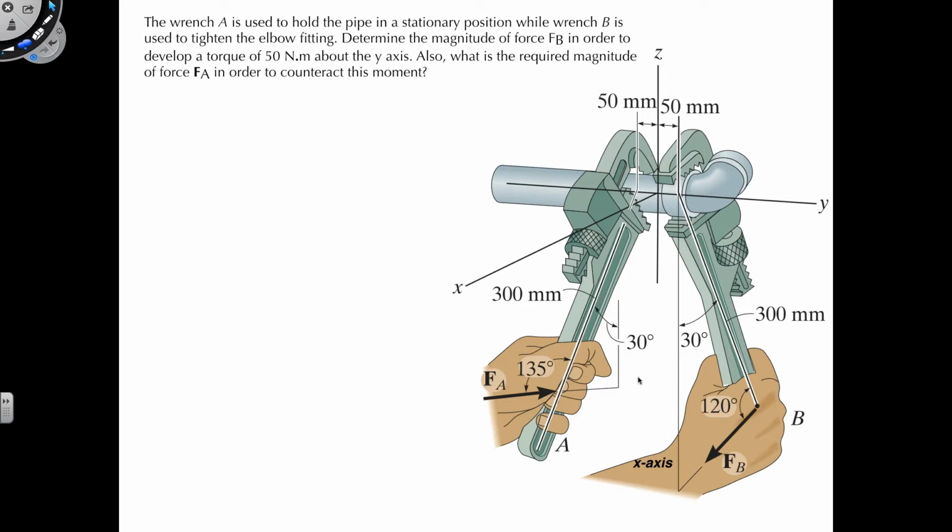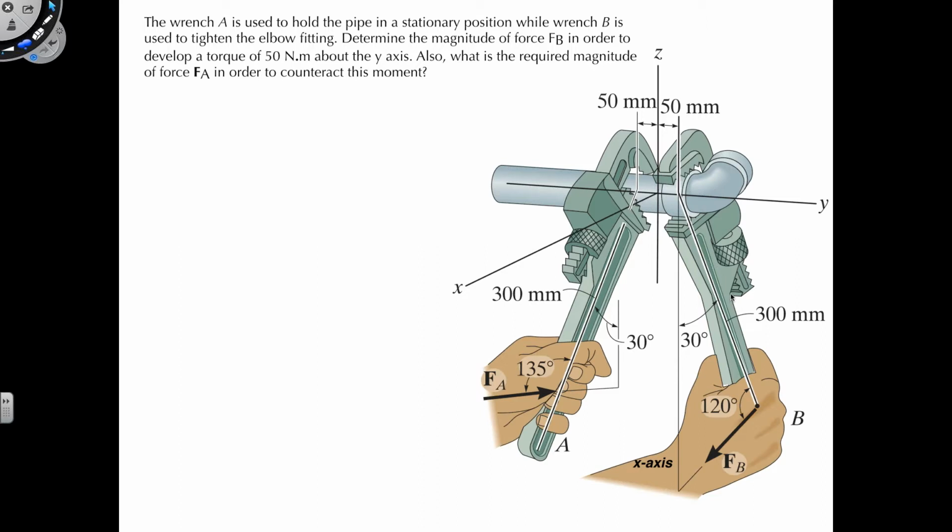The wrench A, okay, so there is a wrench here. There is a wrench A and there is another wrench B. So the wrench A is used to hold the pipe in a stationary position. Now what is it saying here?